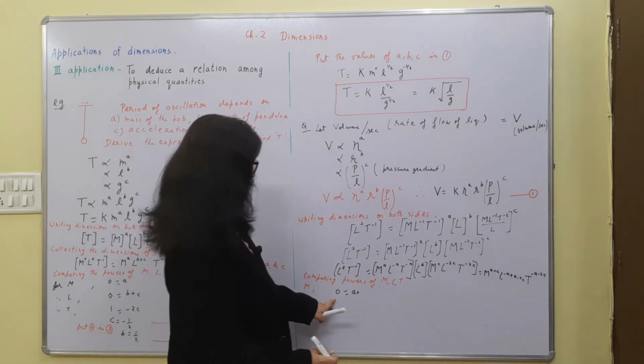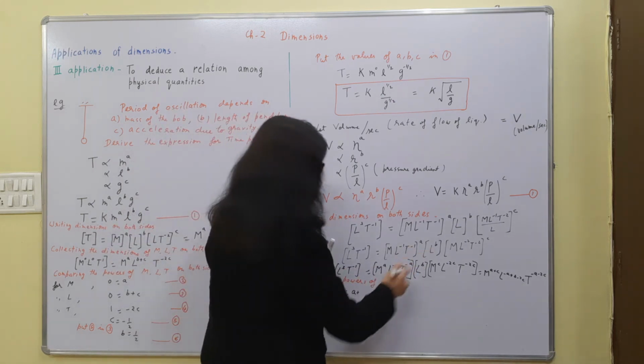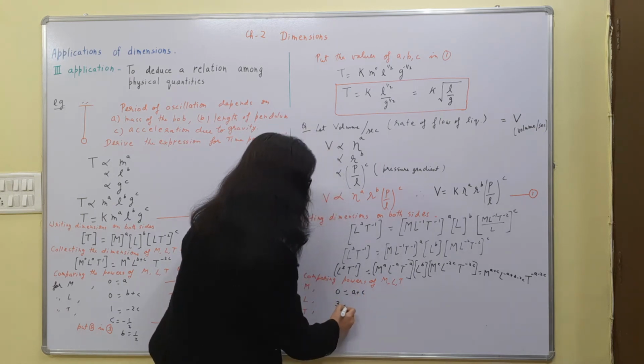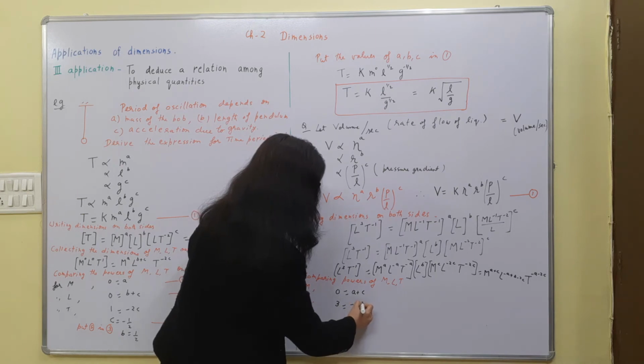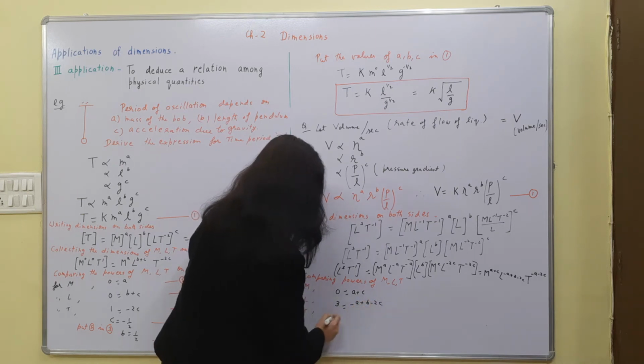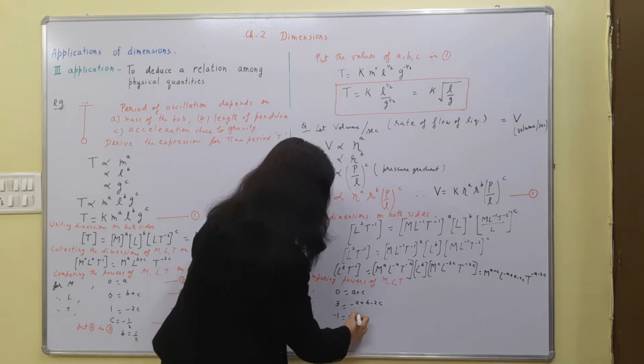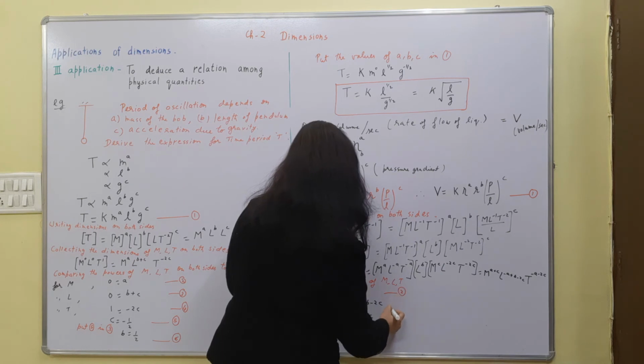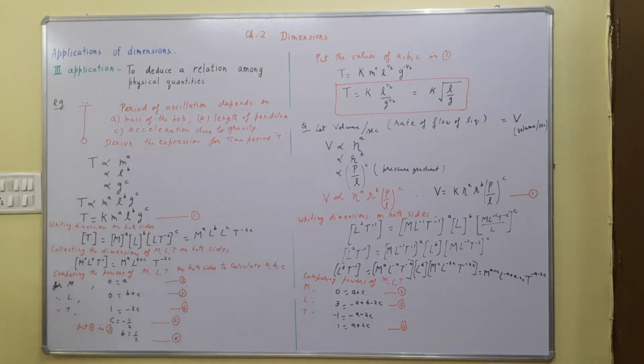So for m, left side it is 0 and on right side it is a plus c. For L, on left side it is 3, on right side it is minus a plus b minus 2c. For T, on left side we have minus 1, on right side we have minus a minus 2c. That gives us 1 is equal to a plus 2c. I can mark these equations 1, 2, 3 and 4. We will solve these equations.